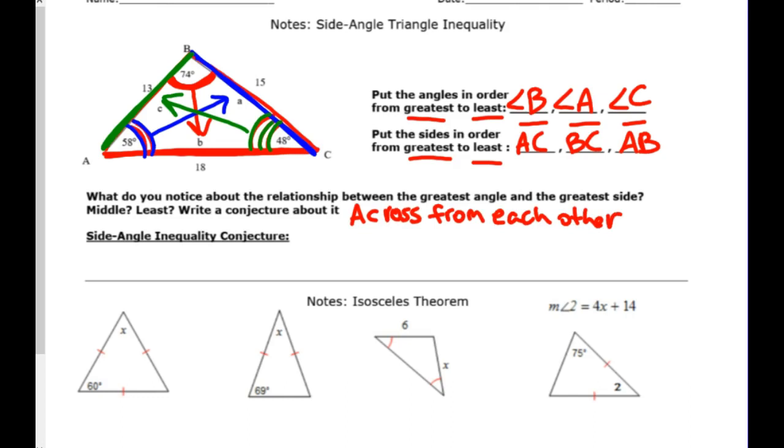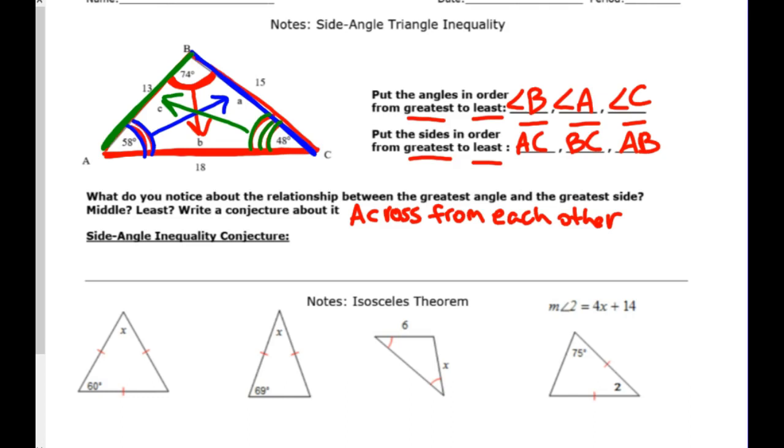The greatest angle is across from the greatest side. The least angle, the least in its measurement, is across from the least in its measurement side.